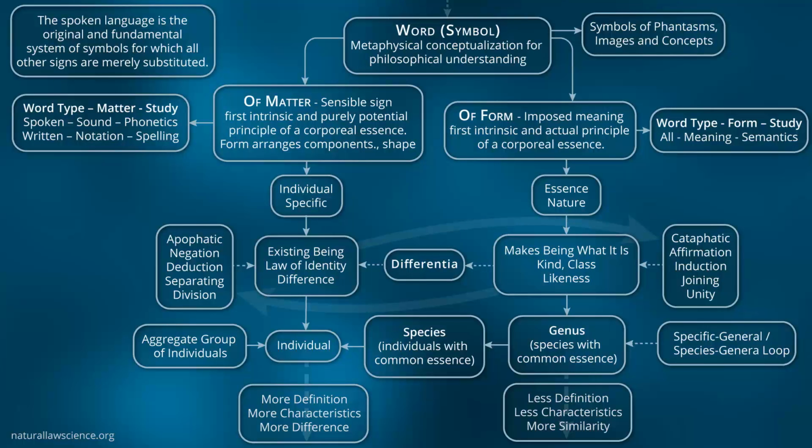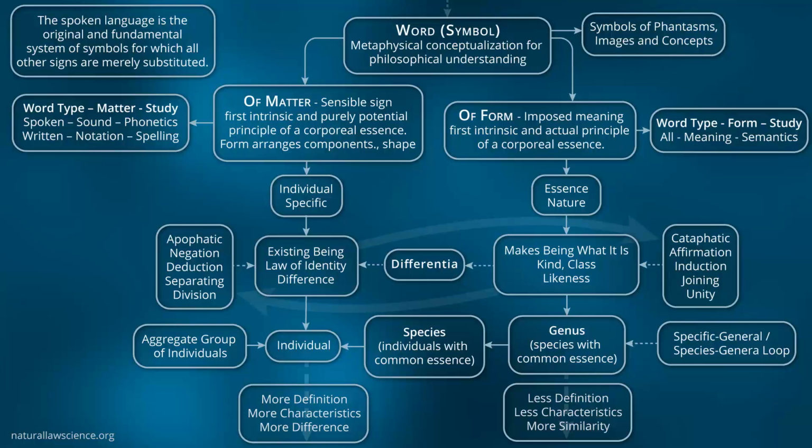As we go back to image 2, mentioned in the material and function of language, for grammar we have phonetics, which is the combining of sounds. And then we get to spelling and then to grammar, from sounds to letters to words. And that's what's on image number 4 here. Spoken language is the original and fundamental system of symbols, from which all others later come.